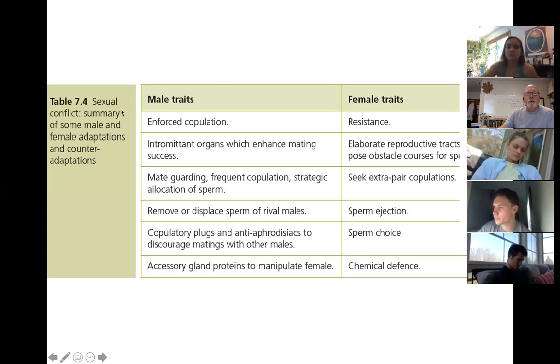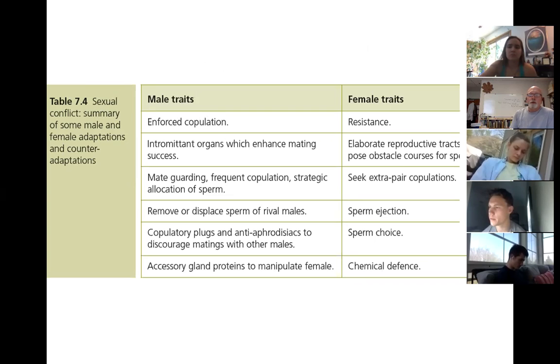And so when we think about sexual conflict, male traits that are the result of this are when males force females to copulate with them. Intromittent organs, the copulatory organs, enhance mating success of the males.